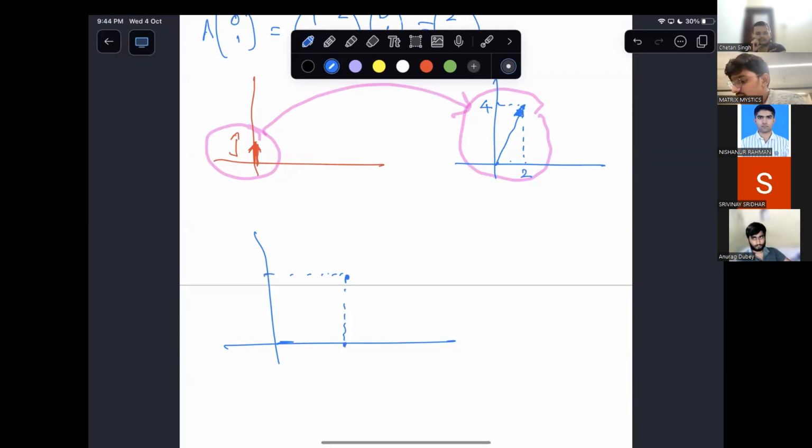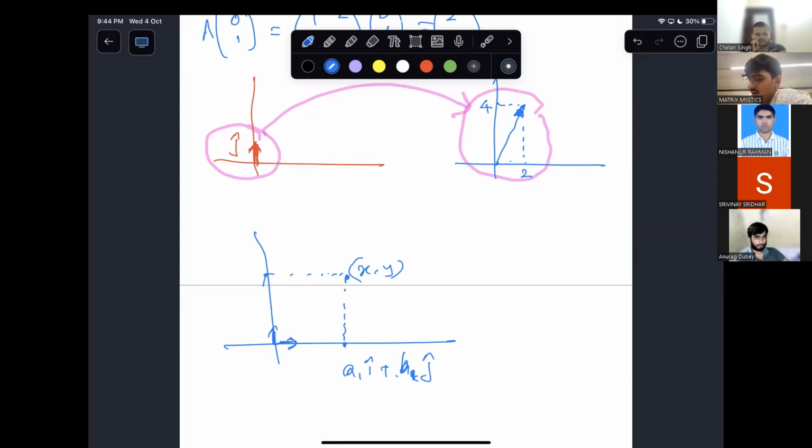We can write the x coordinate as a multiple of I cap and the y coordinate as a multiple of j cap. So we can write this x comma y as a1 I cap plus a2 j cap, right? Or b1 j cap, it really doesn't matter.